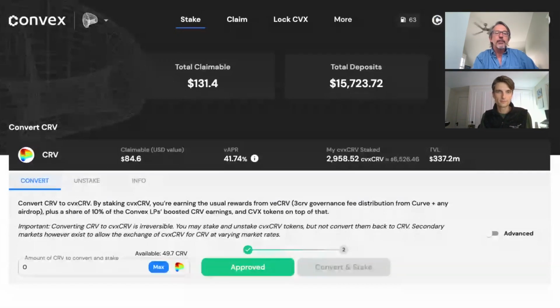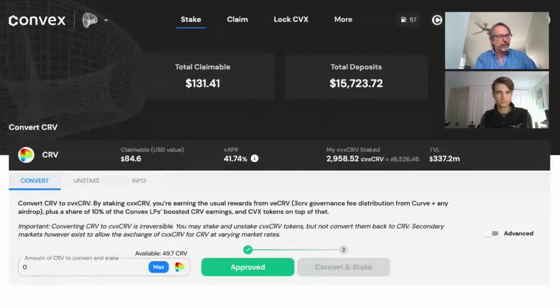If you take your Curve tokens and convert them, one of the things I didn't cover on Curve is that you can lock them up for up to 4 years, and that gives you the highest boost on whatever liquidity pool you're in. But those are locked in with a time lock. You can't use them as liquidity or as collateral anywhere else.